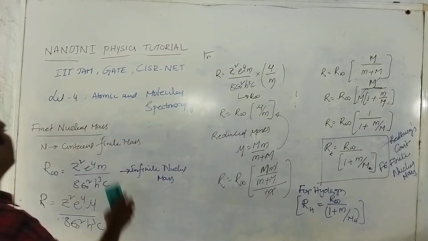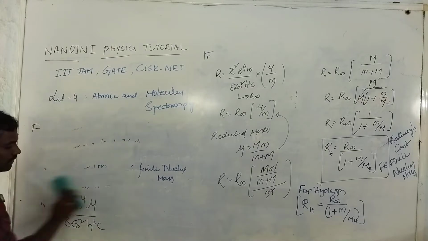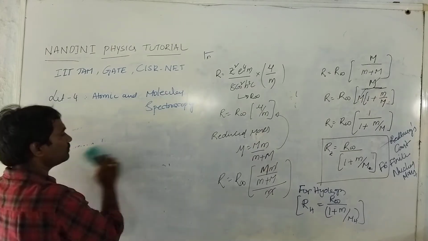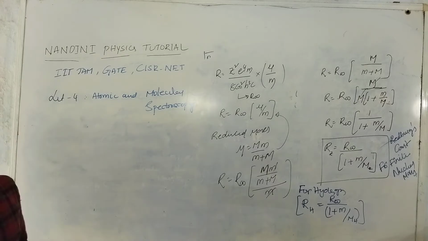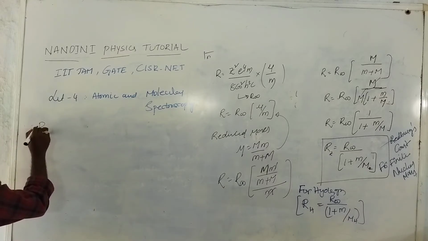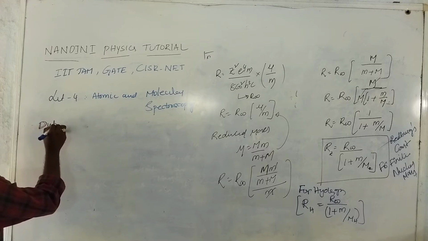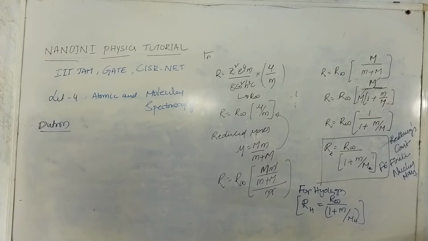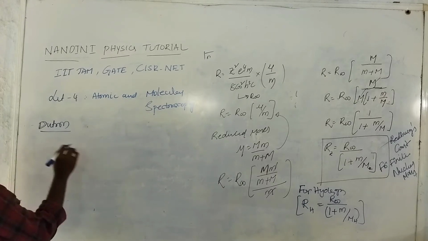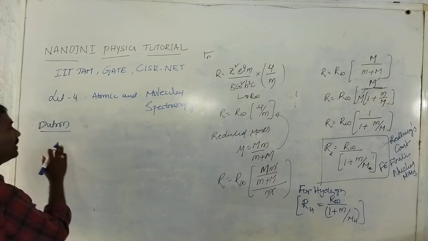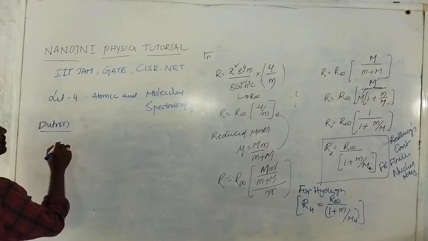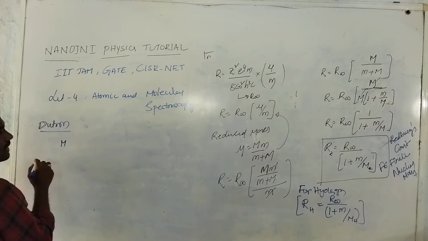Simply, if you consider the deuteron particle as well as tritium, the deuteron is nothing but, suppose, nuclear mass.